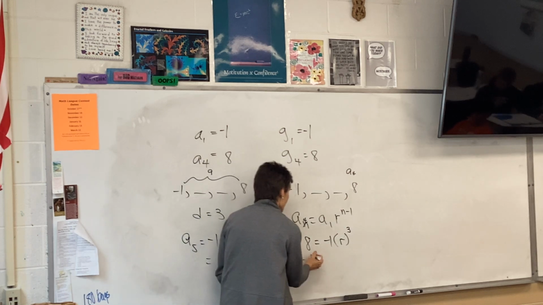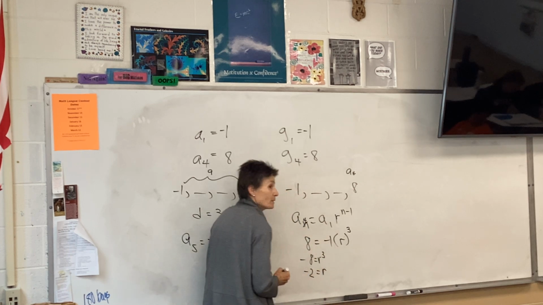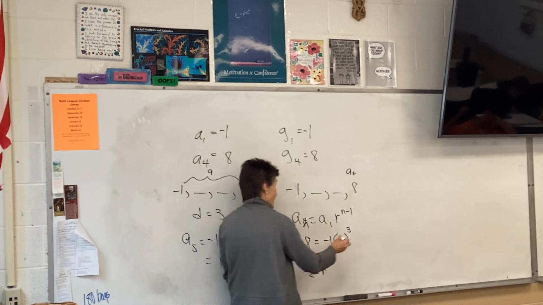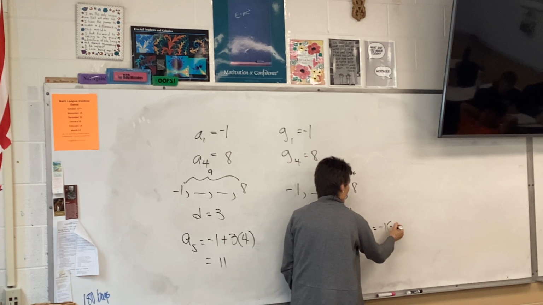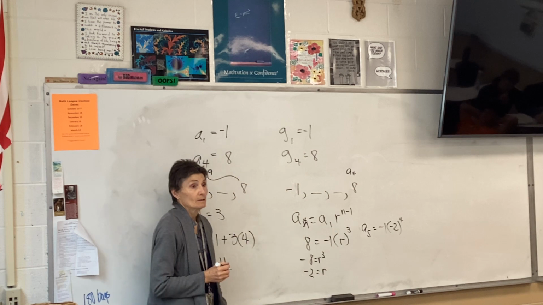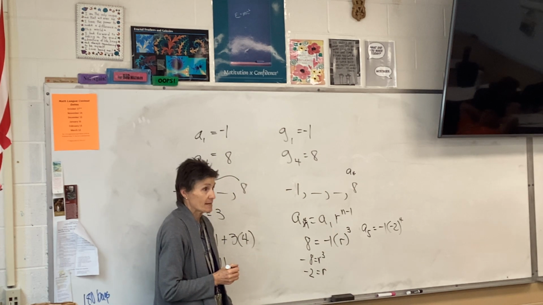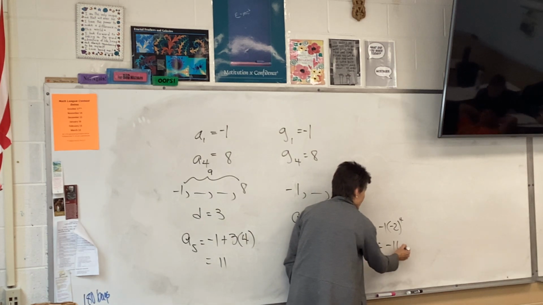And so -8 equals r cubed, so r has to be -2. And if r is -2, then a sub 5 will be -1 times -2 to the fourth. -2 to the fourth is 16. So this is -16.